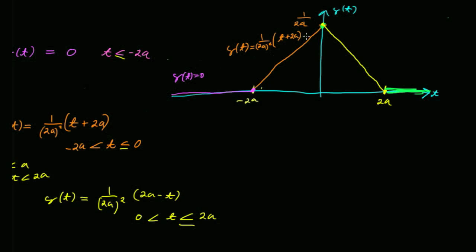Then 1 over 2a squared times 2a minus t, and then 0. So all four of those functions agreed at the interface points. So there were no discontinuities. I like that.